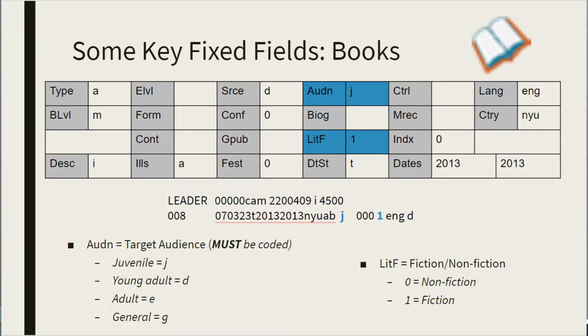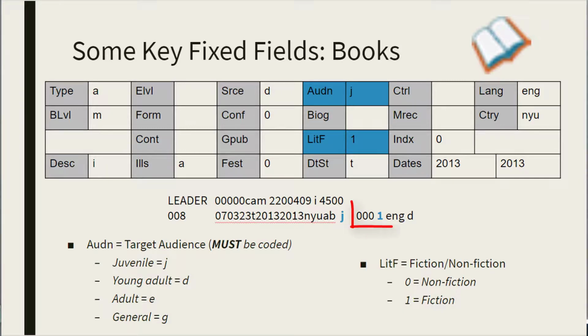One thing that is important, your patrons, they want to know the difference between fiction and nonfiction. And in fact, so do you, so you know where to shelve this thing. So that's important information to look for in that Lit F field in the grid. 0 for nonfiction, 1 for fiction.